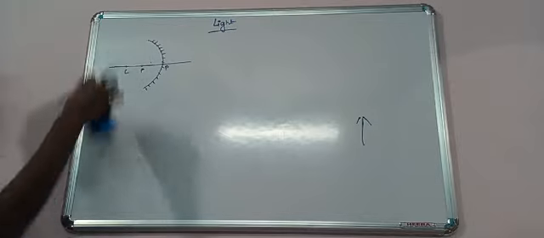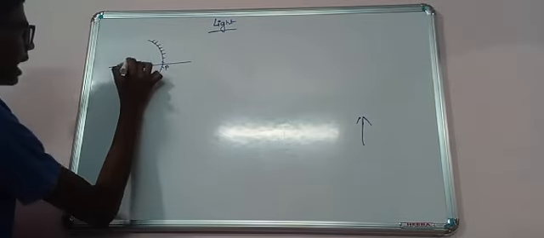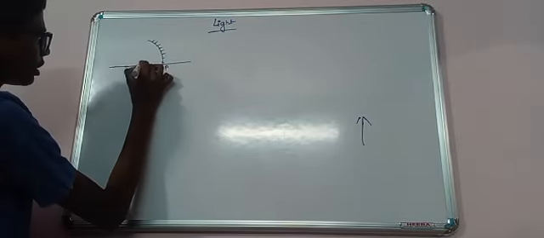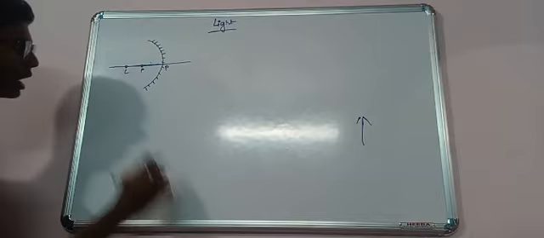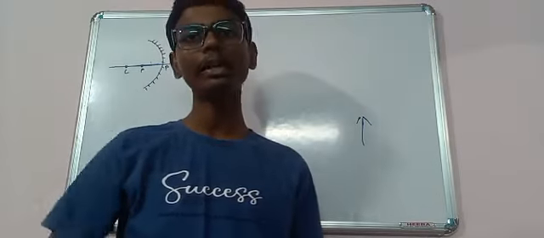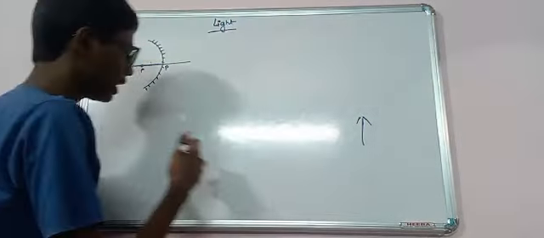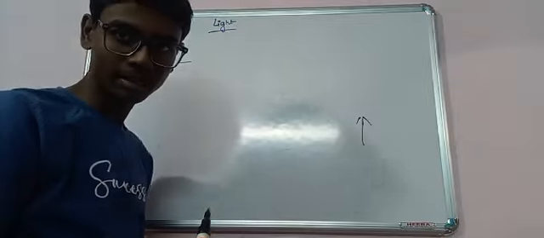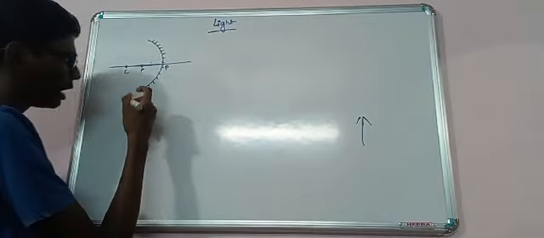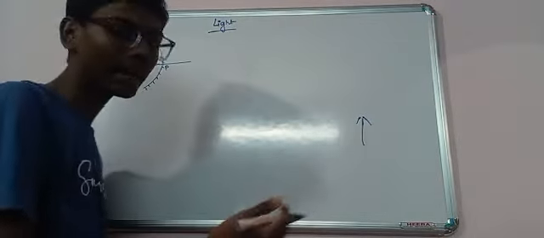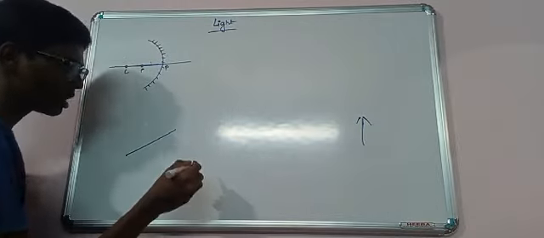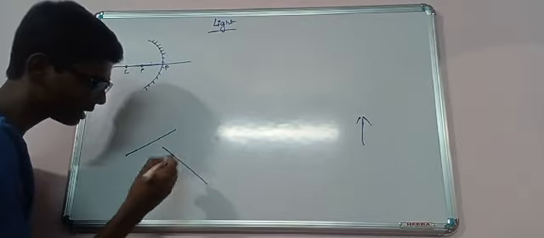So number one, now here I am drawing in my own way. Using the rules, you can draw in different ways also. Suppose in case of my ray diagram, I can make a light ray pass like this through the focus. In your diagram, you can make it pass like this.